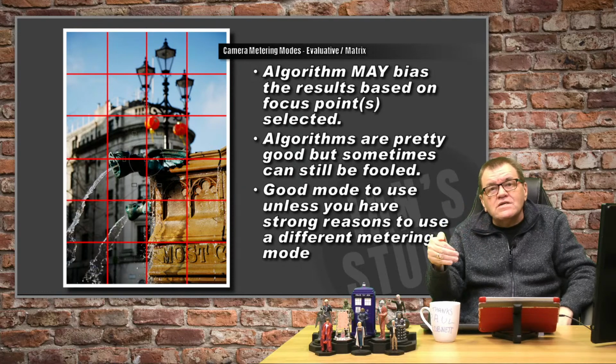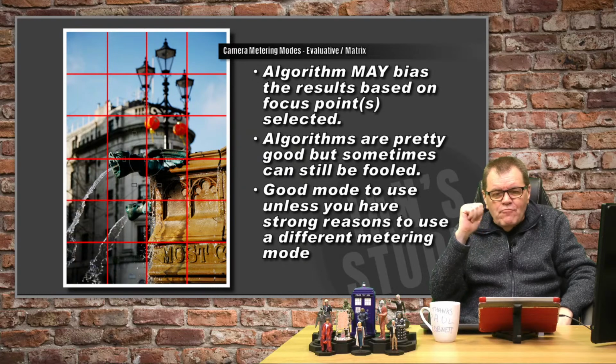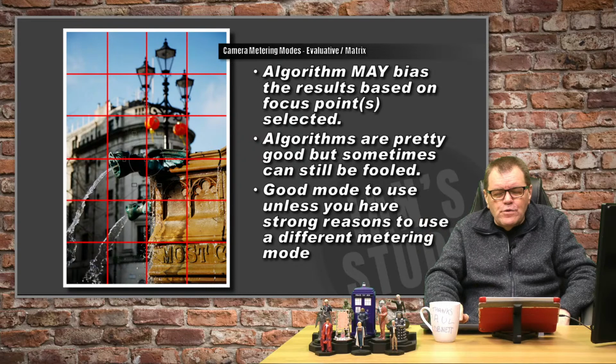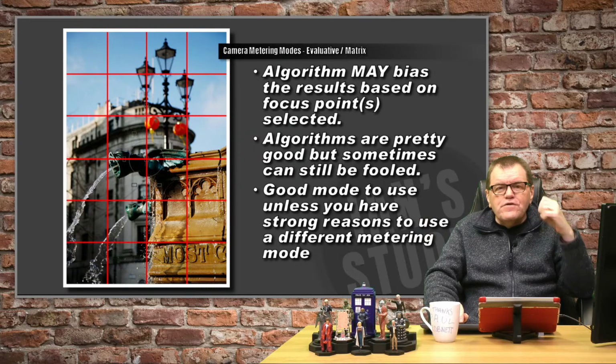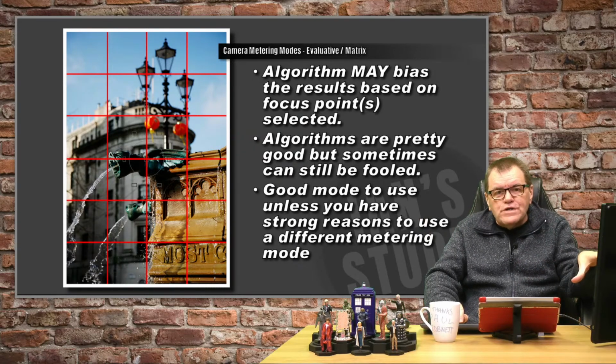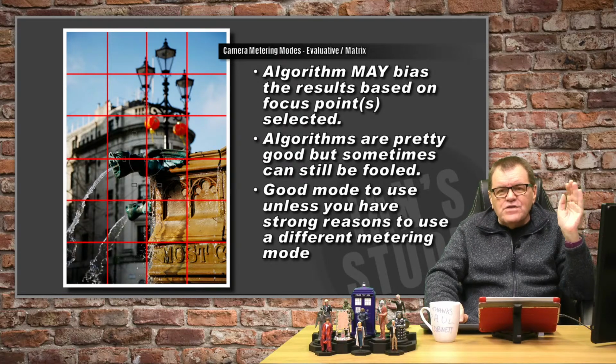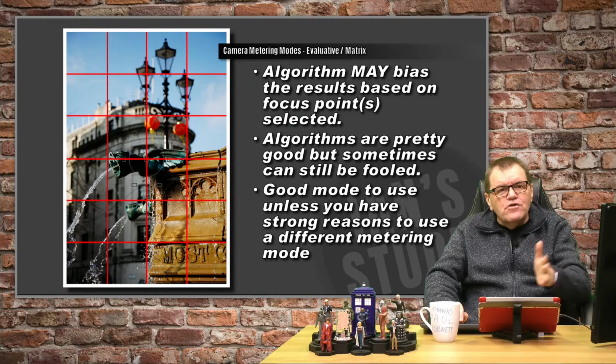And there are good reasons for taking your camera out of those modes, mainly to use spot metering, as we will see as we go through on that. So if you're unsure about what mode you should be in, go with evaluative, matrix, grid, whatever it's called on the other cameras, because that is probably the mode which will give you the best results. So let's have a look at the other remaining three.